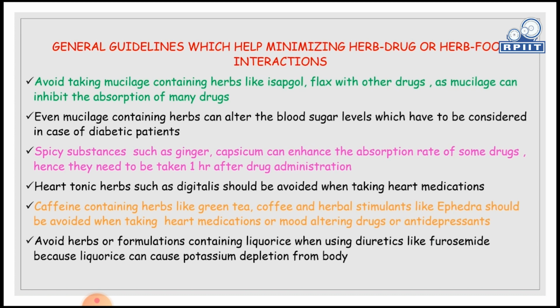Another effect of these herbs is that they alter the blood sugar level. So they must not be used in the case of diabetic patients because they alter the blood sugar level and can affect patients who have diabetes. The next effect is by spicy substances such as ginger and capsicum.